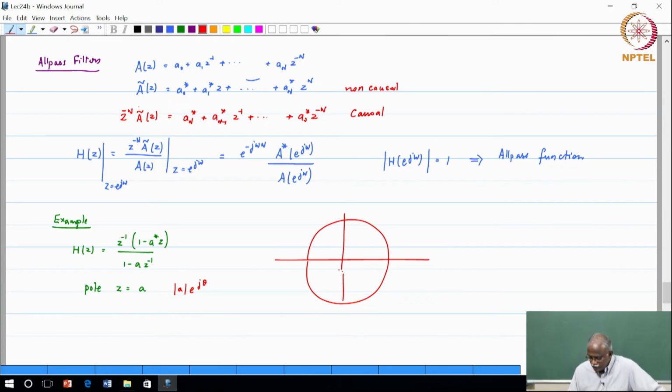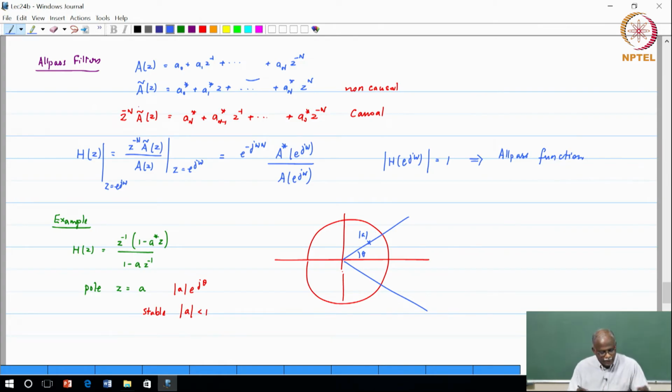Assuming this is a stable all pass, stable implies mod a has to be less than 1, and some angle theta. If this is angle theta, that is the radius mod a. So this is where the pole is located.